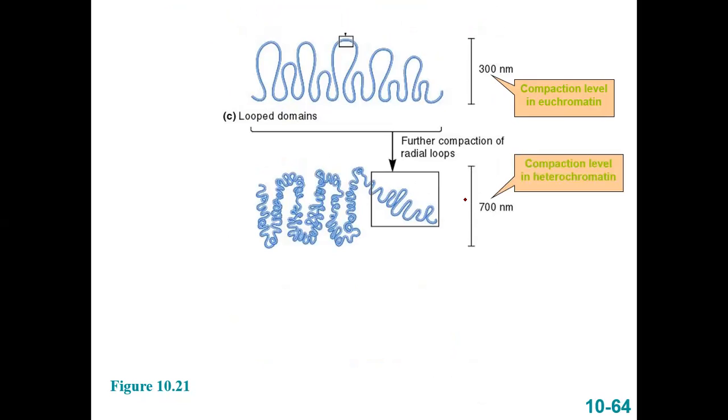Further, these radial loops are compacted into the heterochromatic form during the interphase. Most chromosomal regions are euchromatic, but for further compaction, the chromosomes become heterochromatic and interact with the matrix-associated proteins.